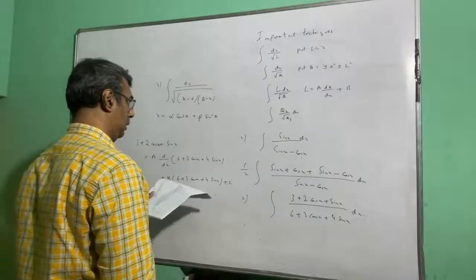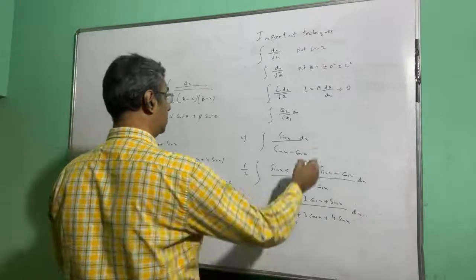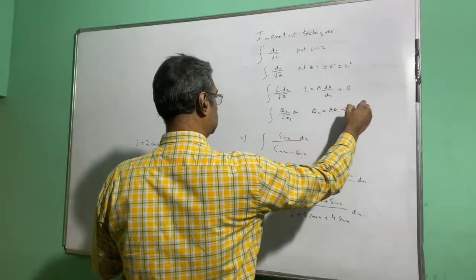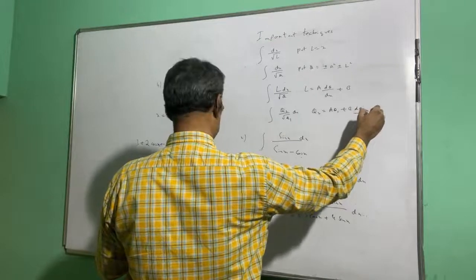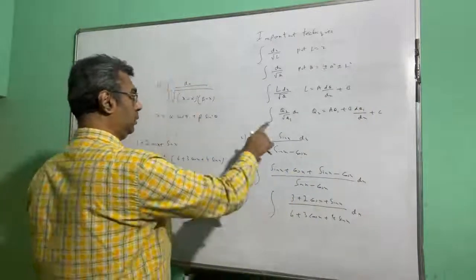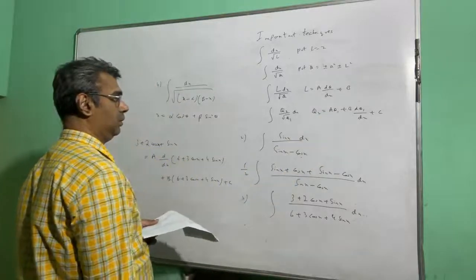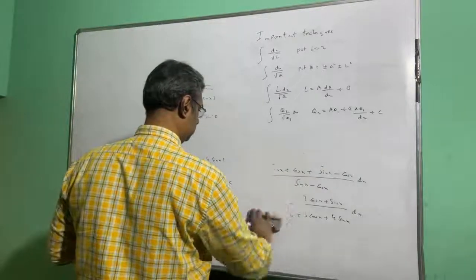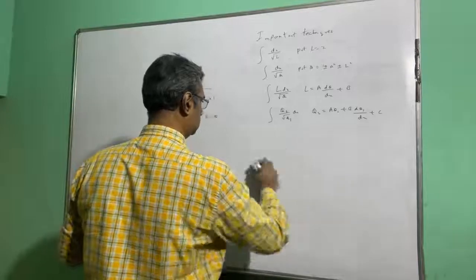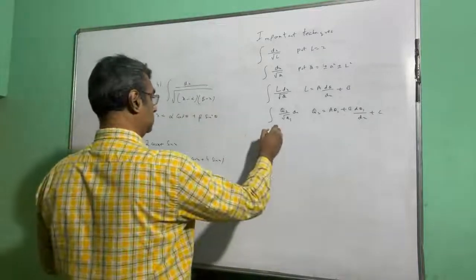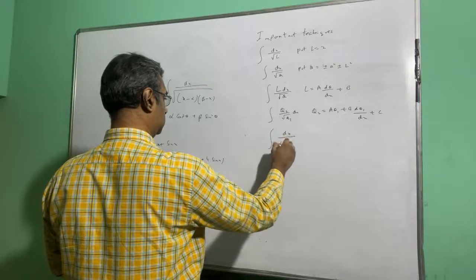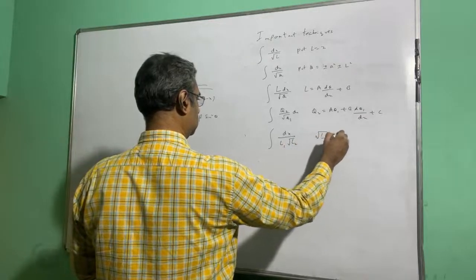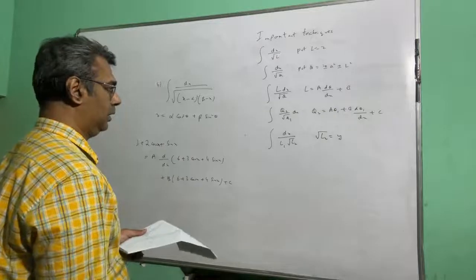Integral quadratic by root quadratic: then q2 is the top, so q2 is a into q1 plus b into dq1 by dx plus c. Dx by linear root linear, just put root linear equal to y.